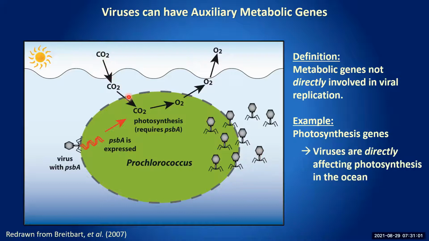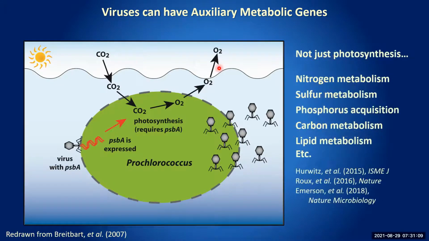They've increased the amount of carbon dioxide consumed and increased the amount of oxygen produced. So it's not just photosynthesis genes. Viruses have also been found to have nitrogen metabolism genes, sulfur metabolism genes, genes involved in phosphorus acquisition, carbon metabolism. Keep going, and we've probably found it in a virus.